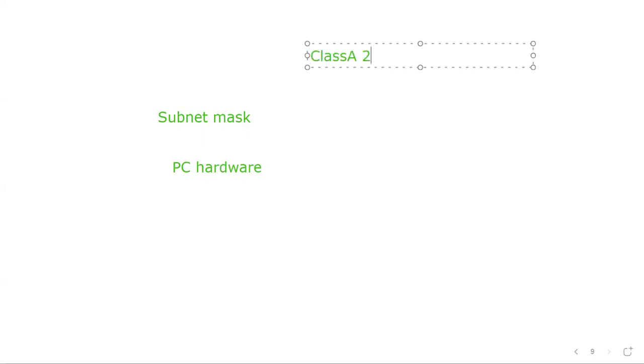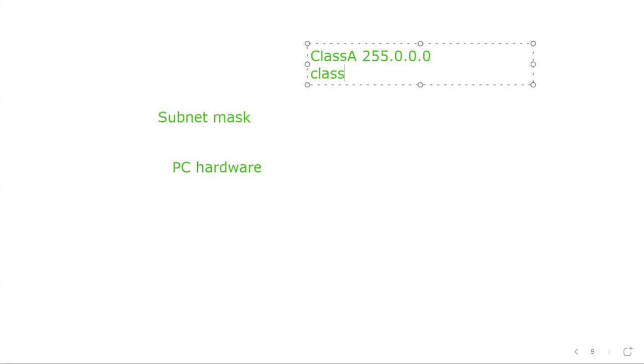Then we need to talk about the subnet mask. We need a PC or a hardware, and additionally need information such as the subnet mask. Okay. So what is the subnet mask? Class A subnet mask is 255.0.0.0.